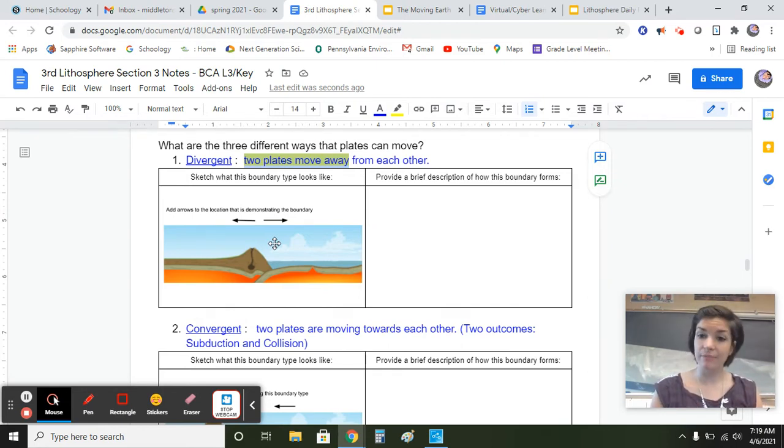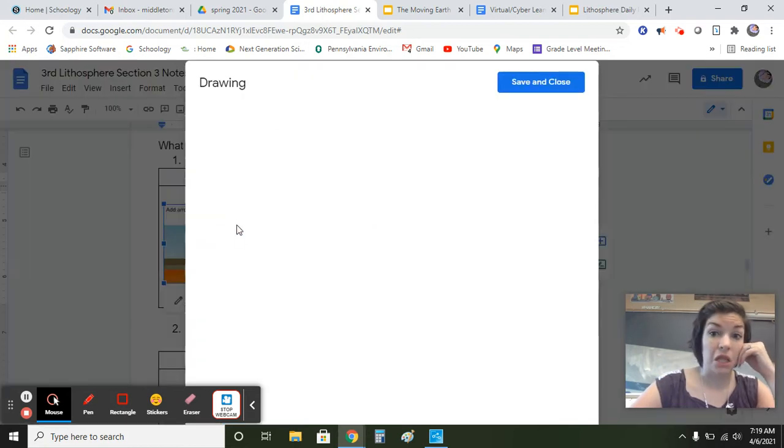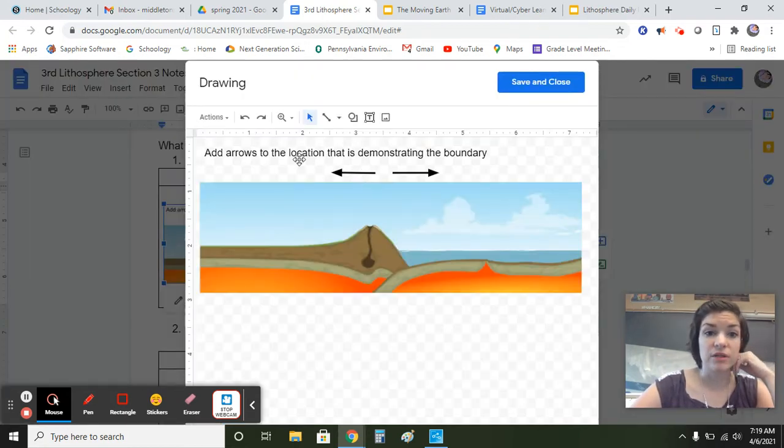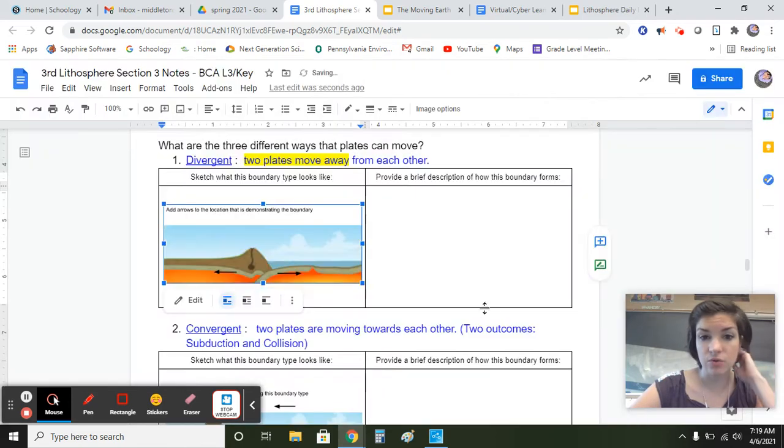So not happy, but that's how I remember it. If you have a better, happier example, let me know. So we're going to put the arrows, one right here where it's moving away, and one right here where it's moving away. So let's save and close.